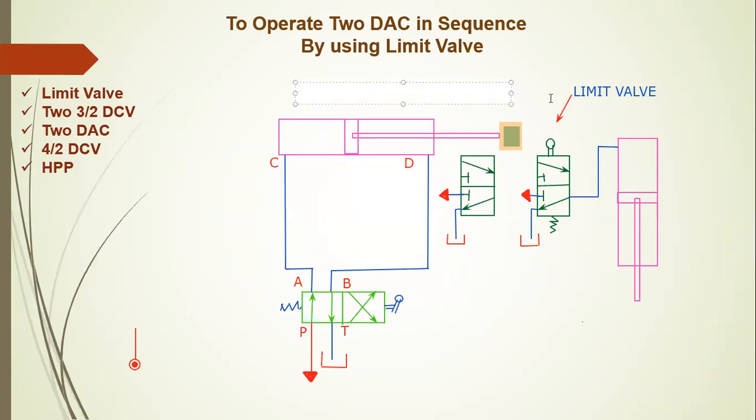Here is a double acting cylinder first. Here is a double acting cylinder second. This is the limiting valve first and limiting valve second.